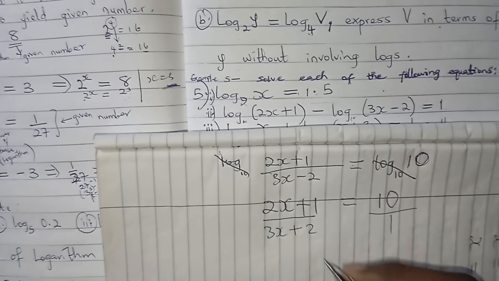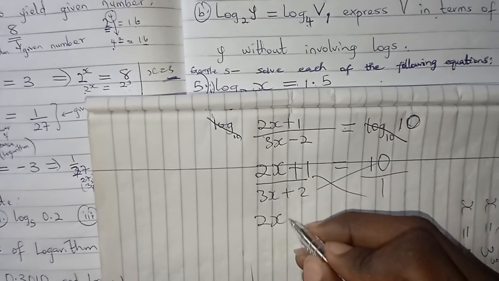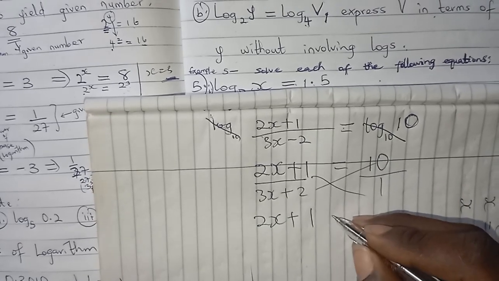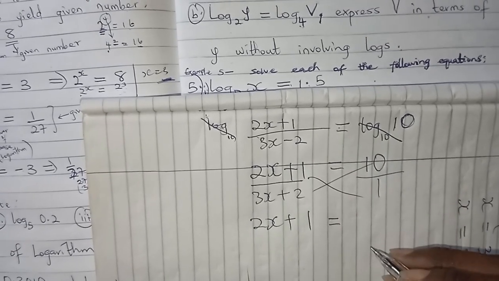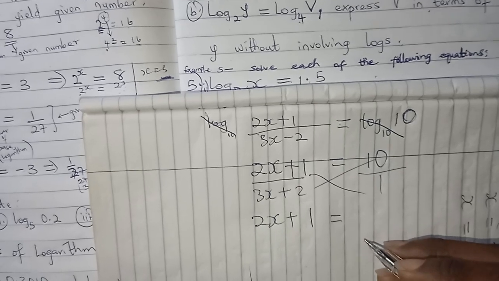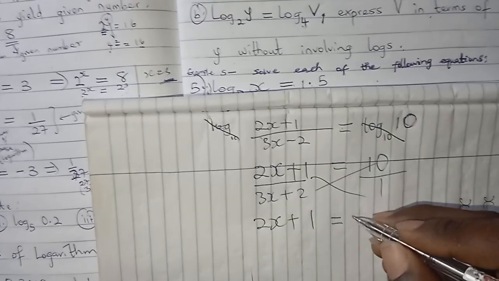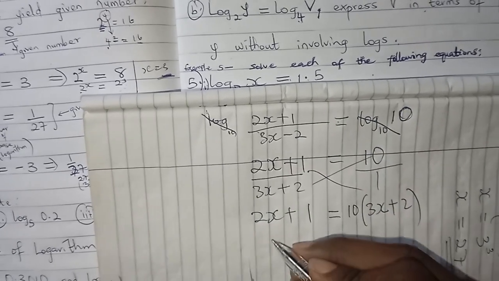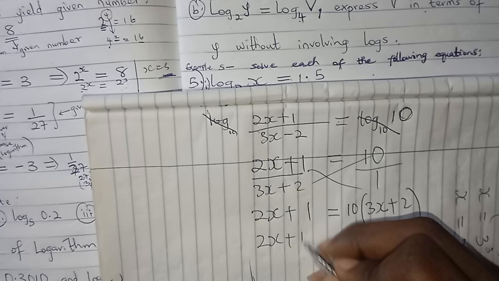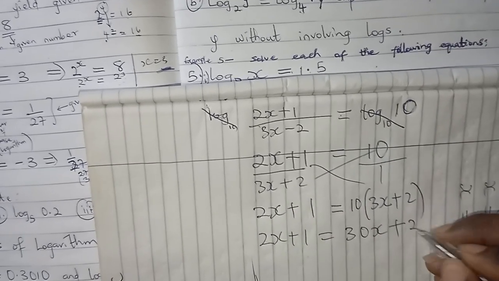Since then, we are going to cross multiply. This now becomes 2x plus 1 is equal to 10 into 3x plus 2. So 2x plus 1 is equal to 30x plus 20.